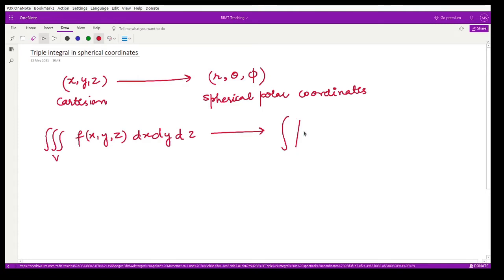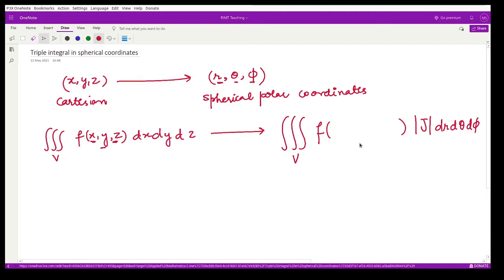According to what we know, the function would change and the values of x, y, z would now be in terms of r, theta and phi, and here would be the Jacobian, and here we will have dr, d theta and d phi, and the limits would also change accordingly. So this is how you change into spherical polar coordinates.